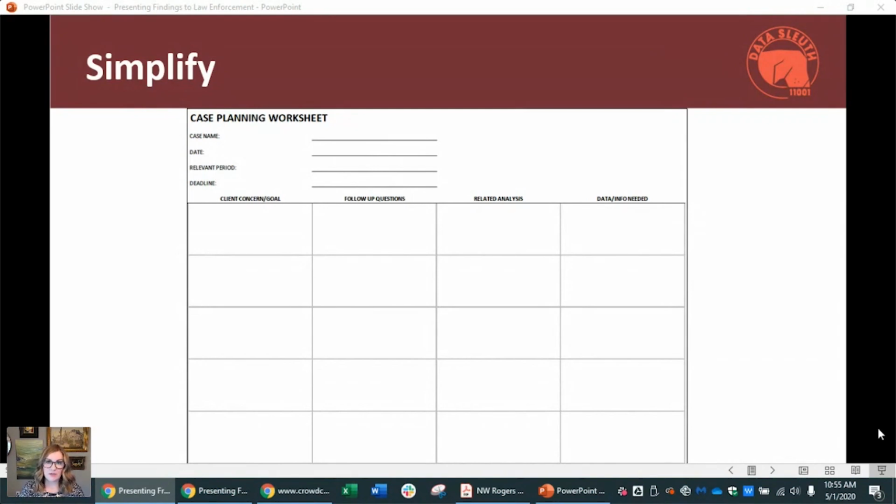Maybe it is comparing the payroll exports to the employment agreement. We'll just go with that example. So the information that we need is the employment agreement, and we also need the payroll exports. And so we start making a list of all the data and information that we need.